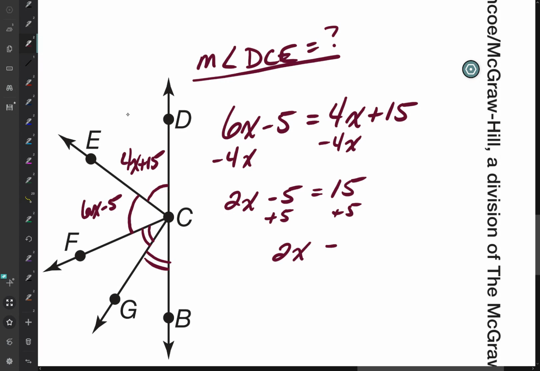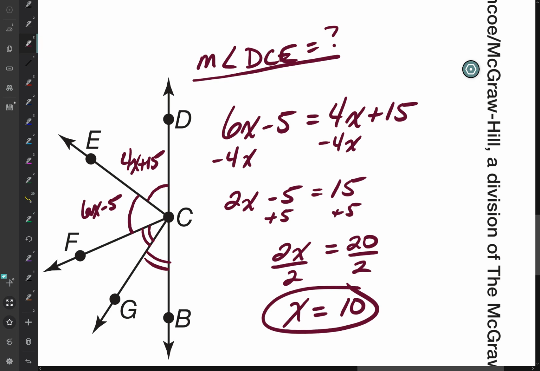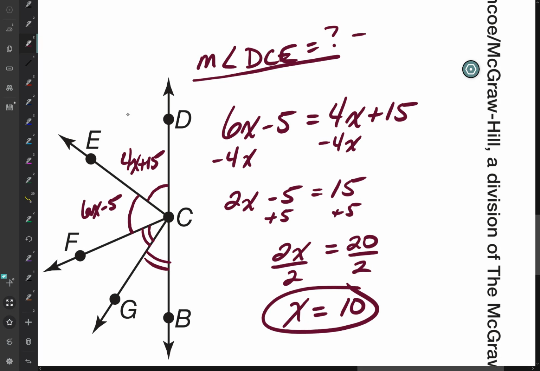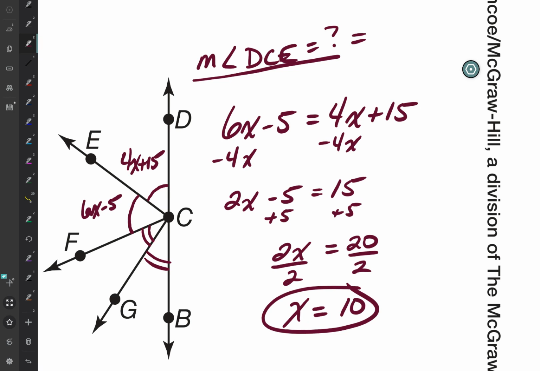And I get 2x is equal to what? What am I going to do now? X is equal to what? Wouldn't it be terrible to go through all of that? You did the smart thing, you made the equation correctly, but you didn't pay attention to what the directions were asking you for. They asked you for what? The angle. Angle DCE, and I promise you on a multiple choice test, 10 will be one of the possible solutions.